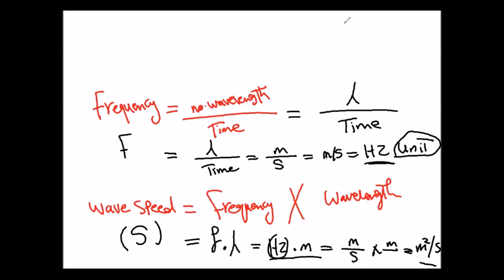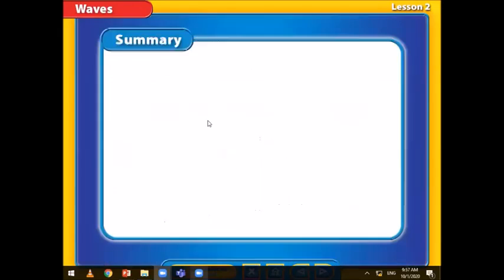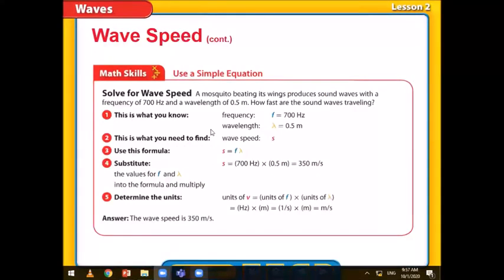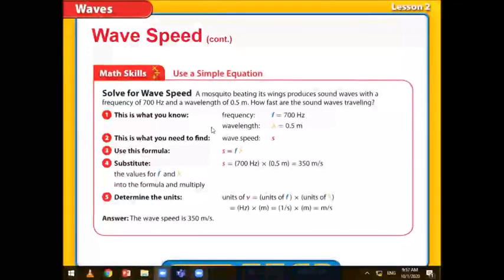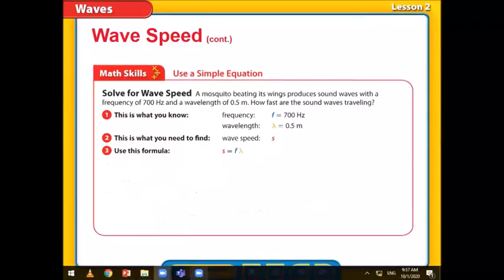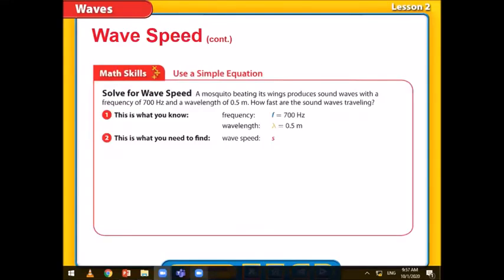And here we'll multiply the m only for the wavelength. Of course, m multiplied by m over second will be the unit for speed. I'm not going to ask you for all these explanations. It's just to make it way easier for you to understand where we got the units from. Okay?